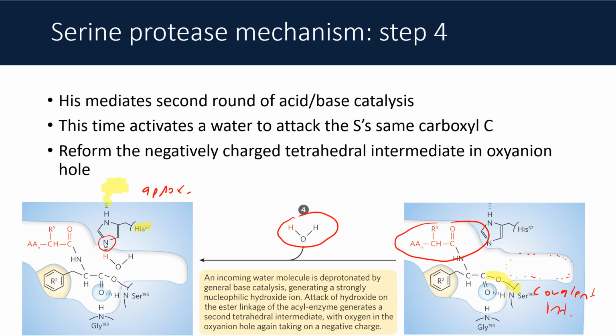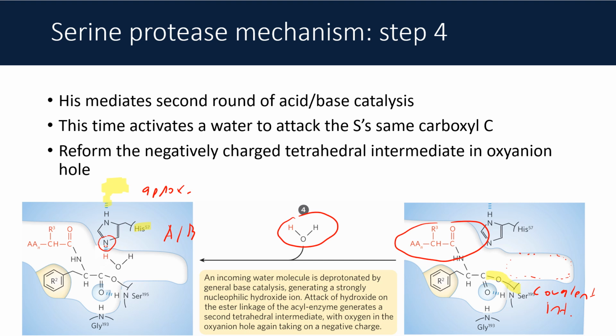the basic part of histidine is going to be held close to the water pocket, and that's going to facilitate its acidification, which is to say we're going to then facilitate acid-base catalysis.